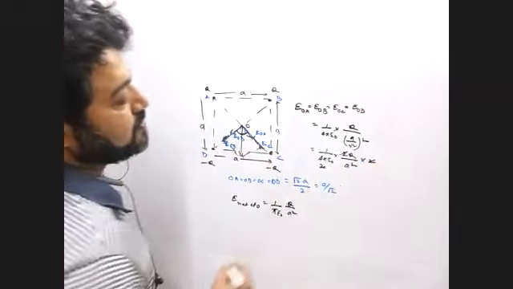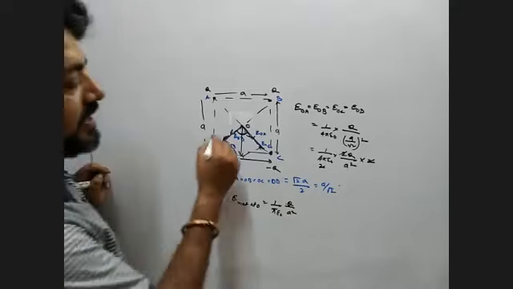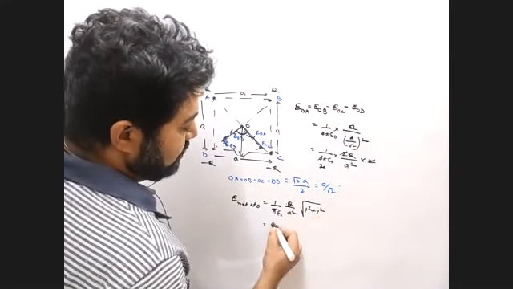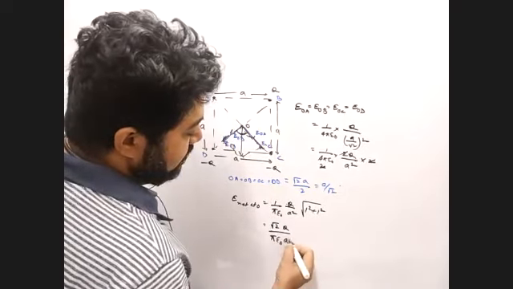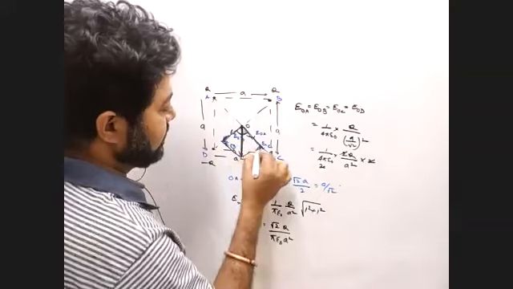If you multiply by 2, the 2 cancels again, so you have 1 by 4 pi epsilon naught 4Q by A square. Is it clear? And now they are at 90 degrees, so 1 square plus 1 square. So you have root 2 Q by pi epsilon naught A square. That is the net electric field in this direction.